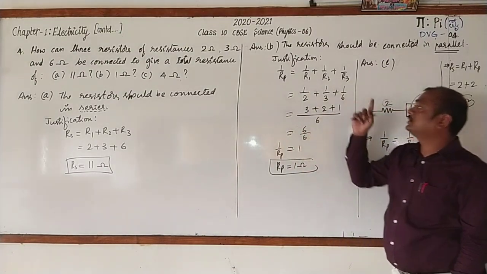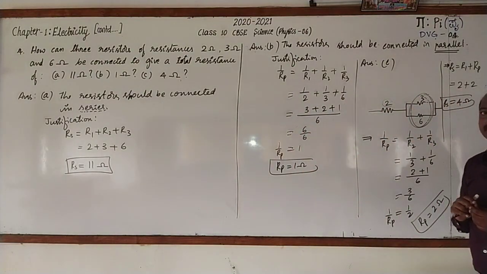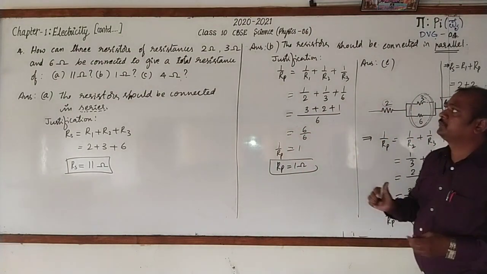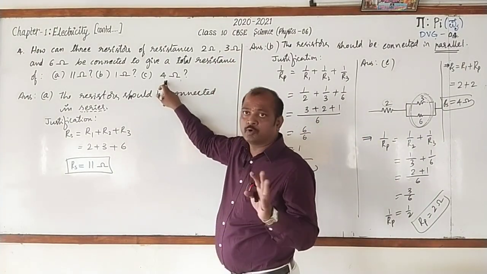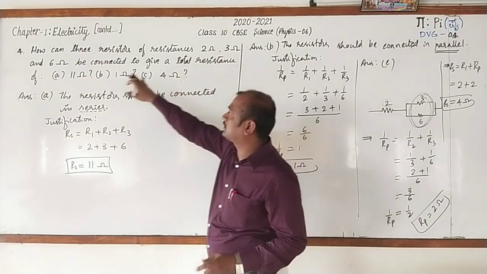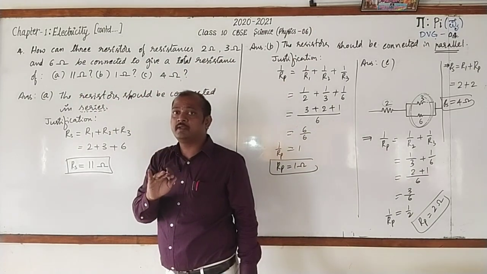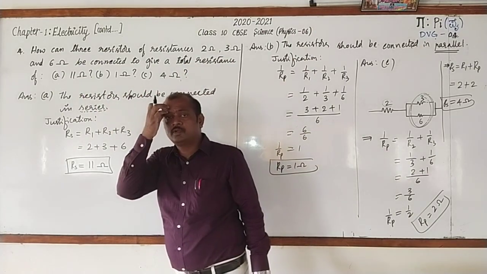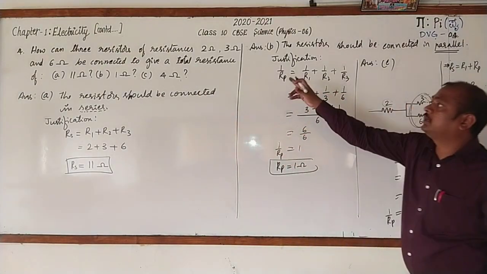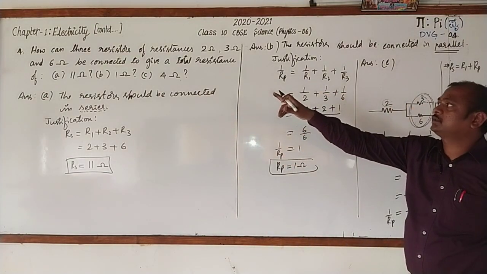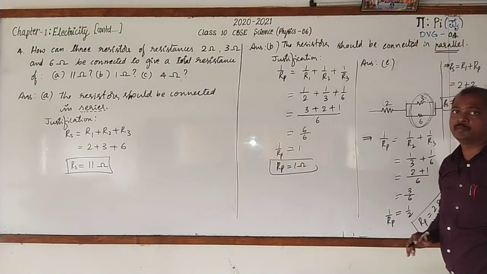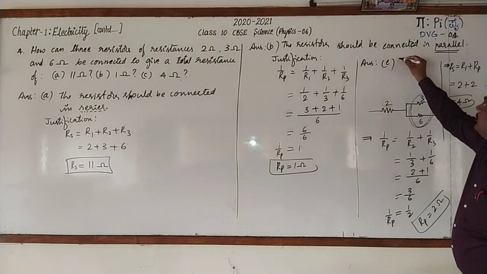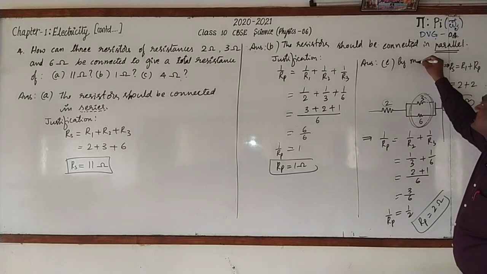Then how do you write the answer? So we have to write the answer that we can get the value of 4 ohm by connecting these resistors in mixed connection. Then 3 and 6 should be connected in parallel and 2 should be connected in series, 2 ohm. Let me write by mixed connection.